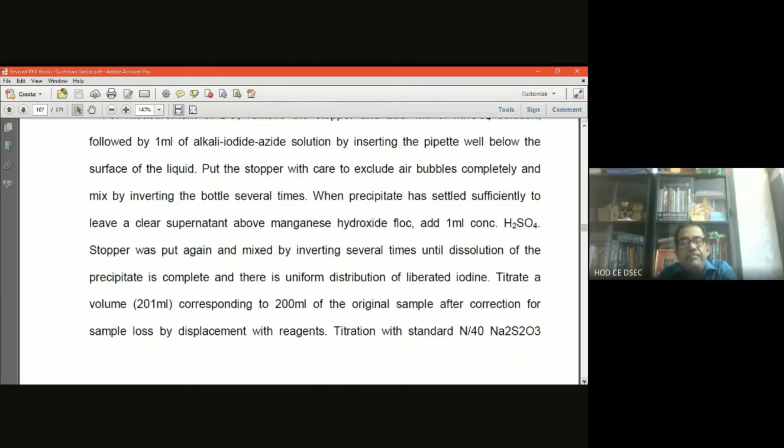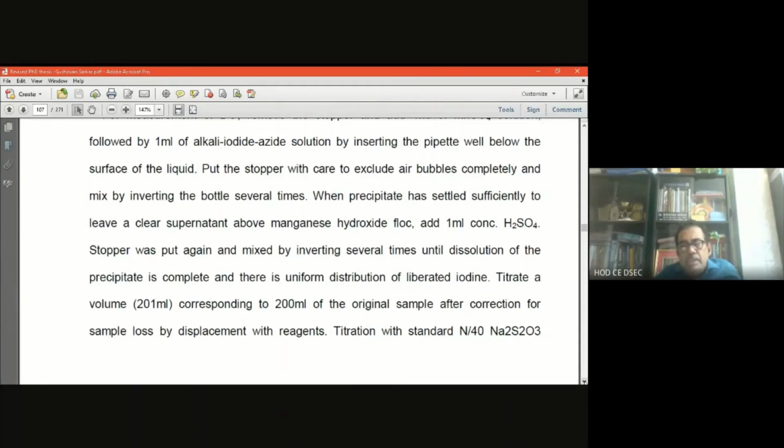of the precipitate is complete and there is a uniform distribution of the liberated iodine. Then titrate 201 ml of that water, corresponding to 200 milliliters of the original sample after correction for sample loss by displacement with reagents.